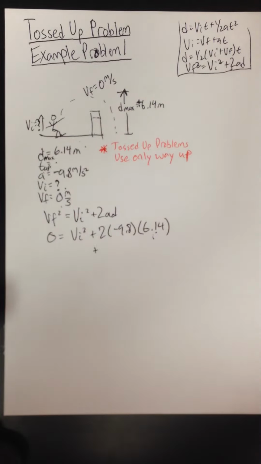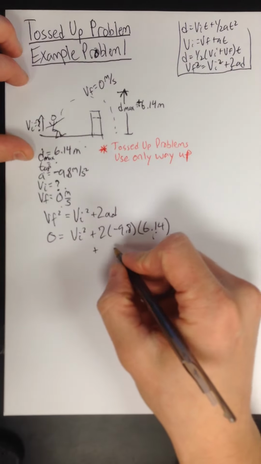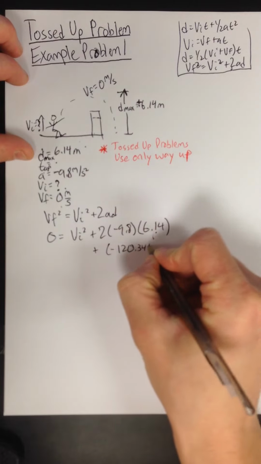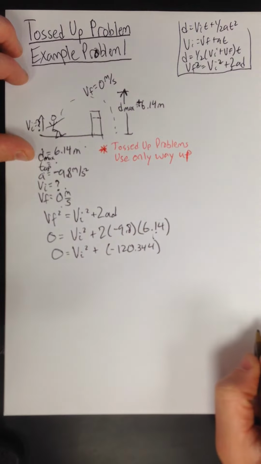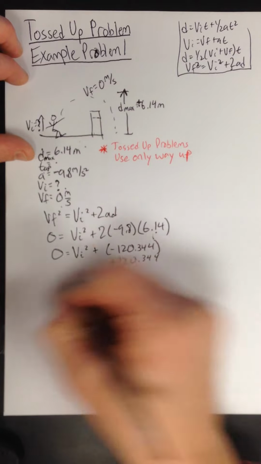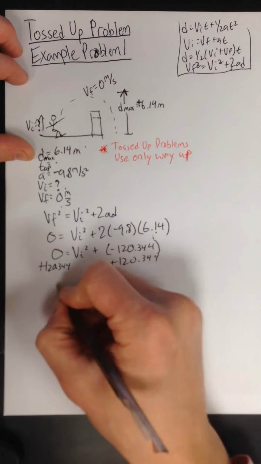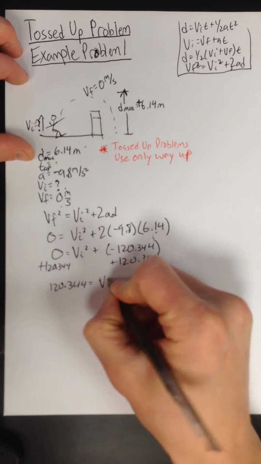I'll do it right here. Negative 120.344. Good. I'm going to add that to both sides. And then I have 120.344 equals Vi squared.